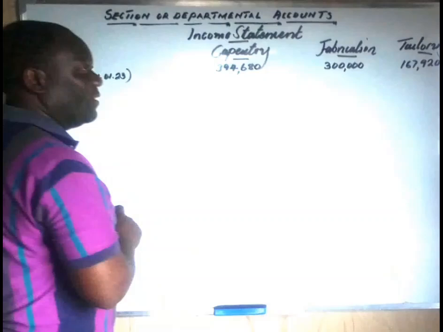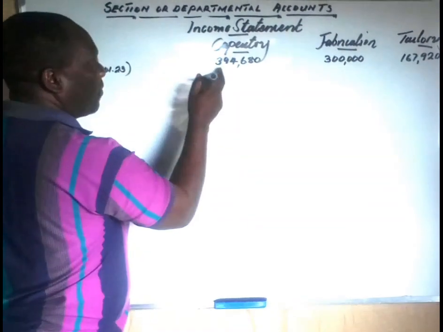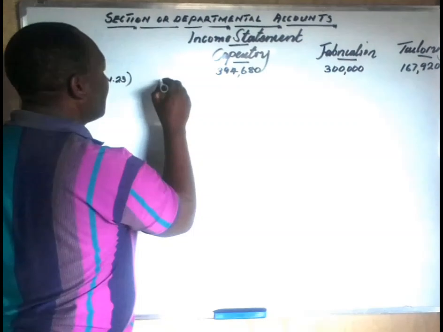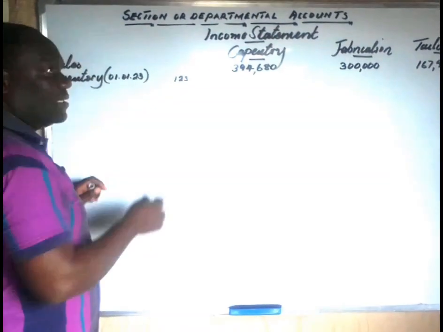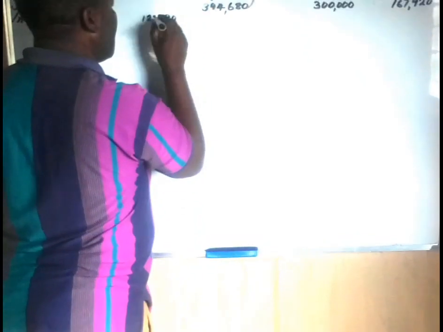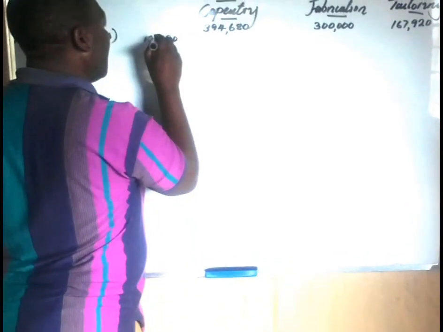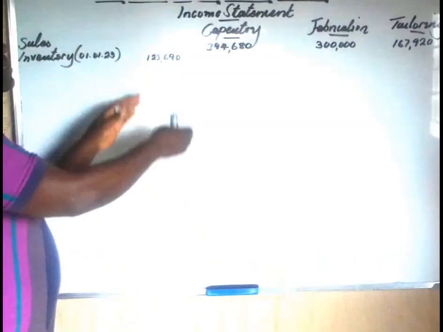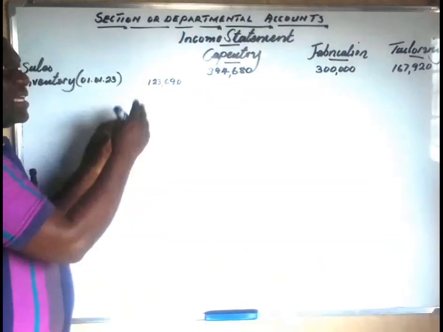So the first inventory for carpentry, I'll put it here. We have 123,690. I've written it here so that it gives me space for adjustments.